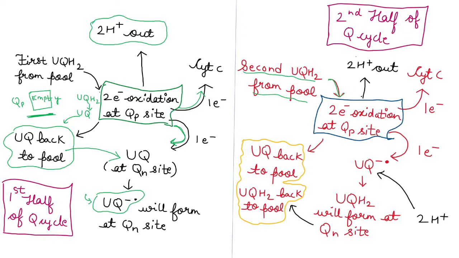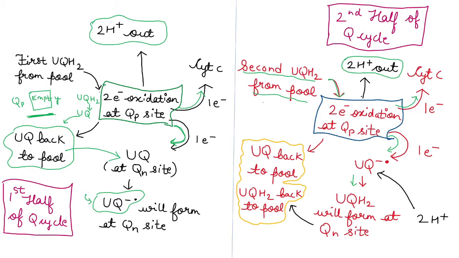It will again get oxidized, releasing 2 H+ ions out in the intermembrane space. 1 electron will get accepted by cytochrome C, the second electron will get accepted by UQ semiquinone, and we know that after accepting 1 electron, UQ semiquinone gets converted into the fully reduced form, that is ubiquinol.